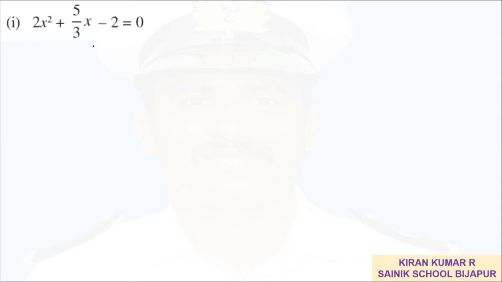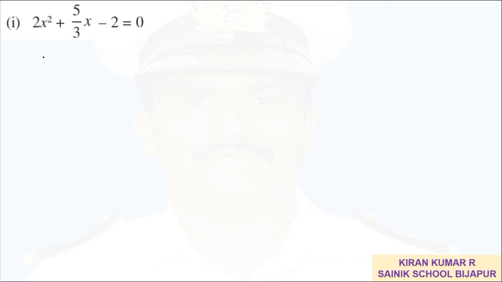Whenever this type of number is there, we always try eliminating the denominator. When fraction form is there, we take the LCM and multiply on both sides. It becomes a simple quadratic equation. Let me do that. Here the LCM of the denominator is 3, so let's multiply by 3 on both sides.